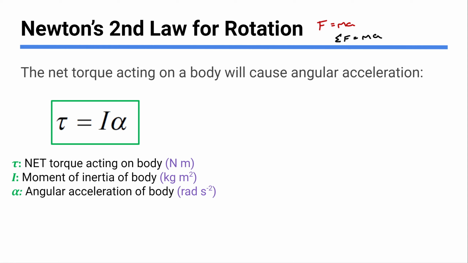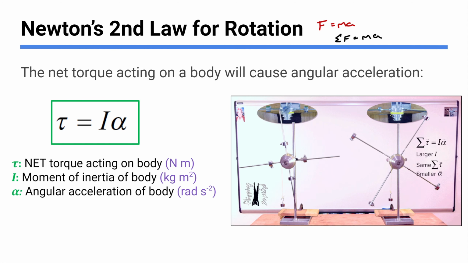Same deal here. Torque equals I alpha. The Greek letter tau here is the net torque, the total torque, the sum of all of the individual torques acting on an object, on a body. It turns out it is equal to the moment of inertia of the thing times its angular acceleration. So it truly is F equals ma for rotation. And we're going to use it that way.